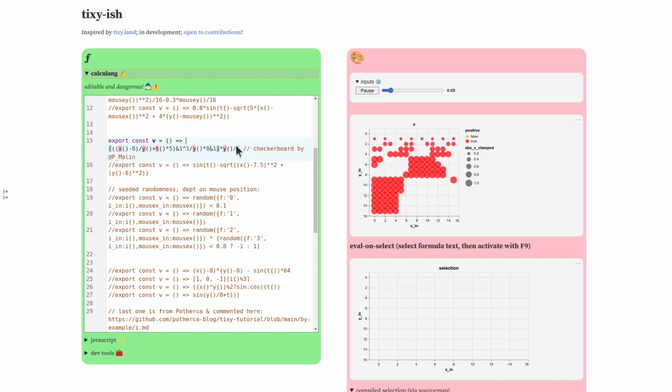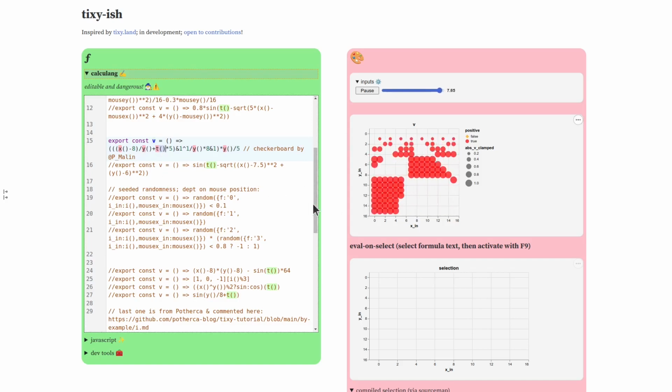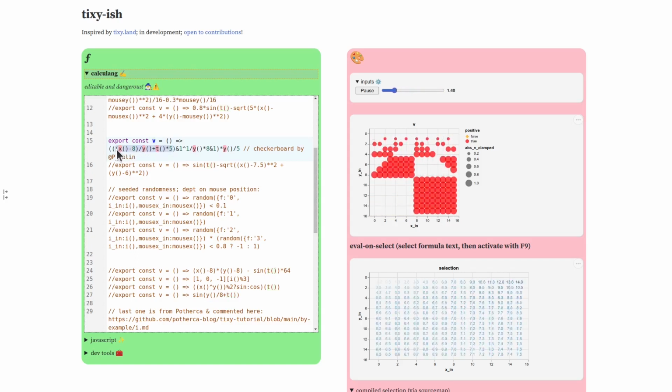Just this code generates this animation. And so how does it work? We know what t is, it's increasing. We know y is the y position here, and x is x position there. So this all looks straightforward enough.